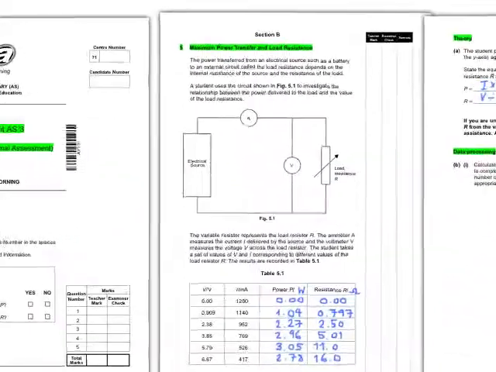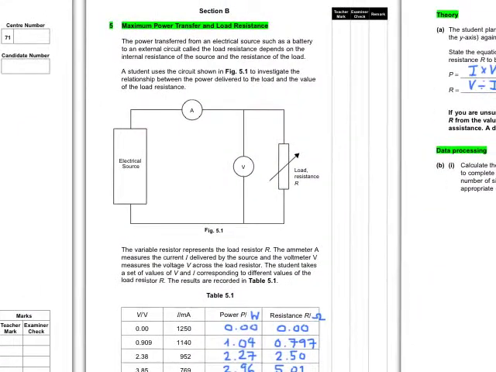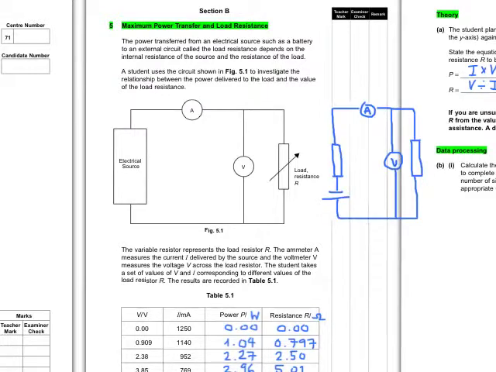Well, if we jump over to our diagram here, and I just slightly simplify this. I've just drawn the equivalent circuit here with this being our electrical source. The electrical source is made up of our EMF and our internal resistance.